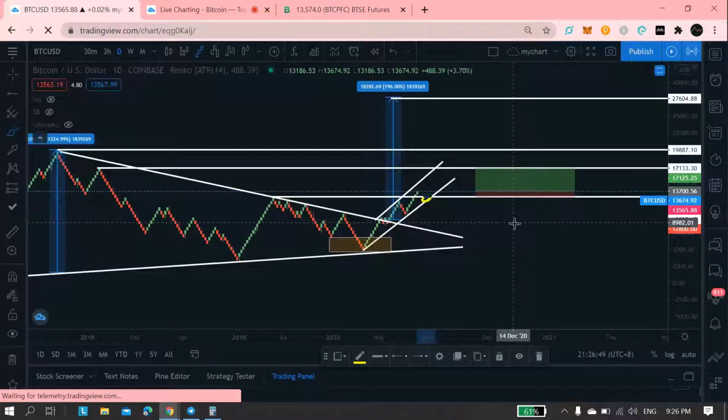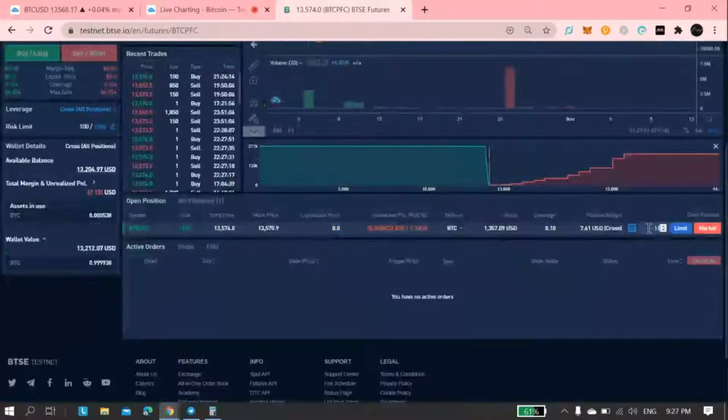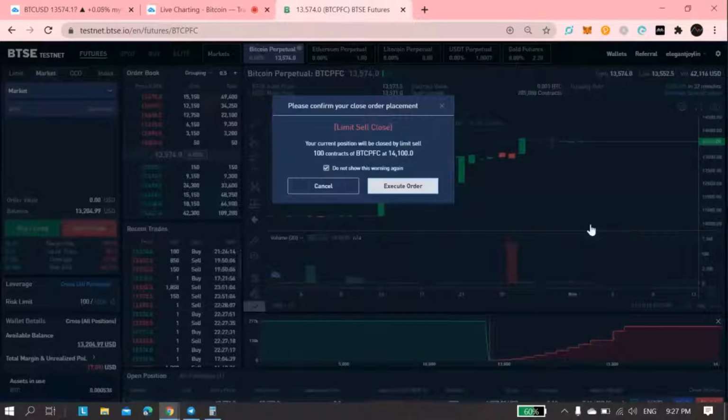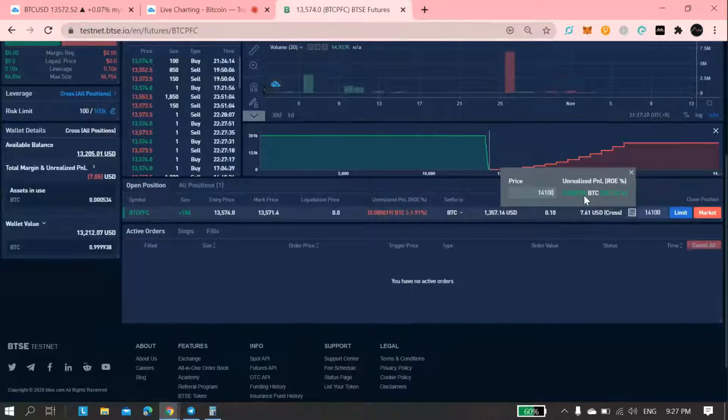If there is a value there, I will put a stop loss around there. I will just put the 17,100 as my TP area. If ever my position is successfully executed, I will make a profit at around this area.